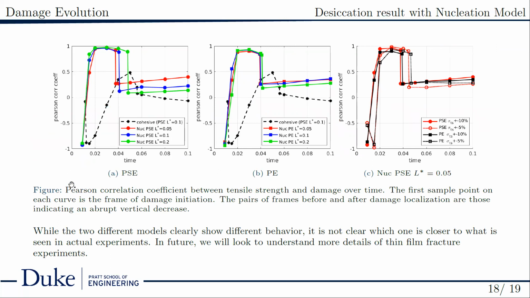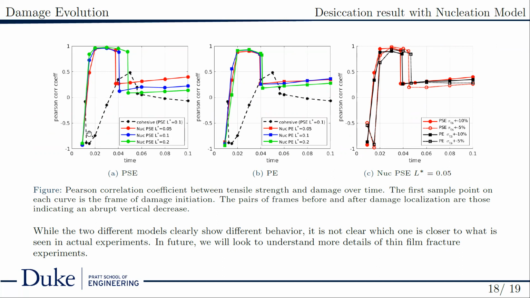Here are the plots for the correlation coefficient over time. The first sample point on each curve is the frame of damage initiation. The pairs of frames before and after damage localization are those indicating an abrupt vertical decrease.